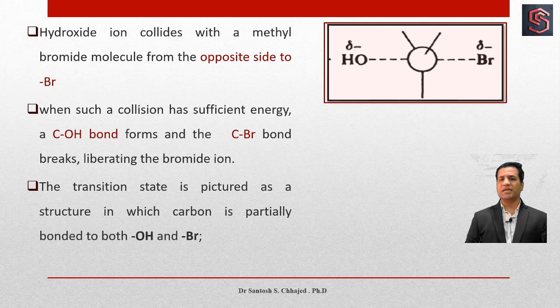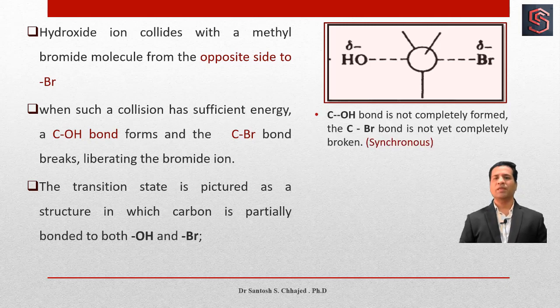The transition state is pictured as a structure in which carbon is partially bound to both OH minus as well as Br minus, and that's why it is said that these two phenomena, that is formation of the C-OH bond and breakdown of the C-Br bond, occur synchronously or simultaneously, as you can see in the picture.